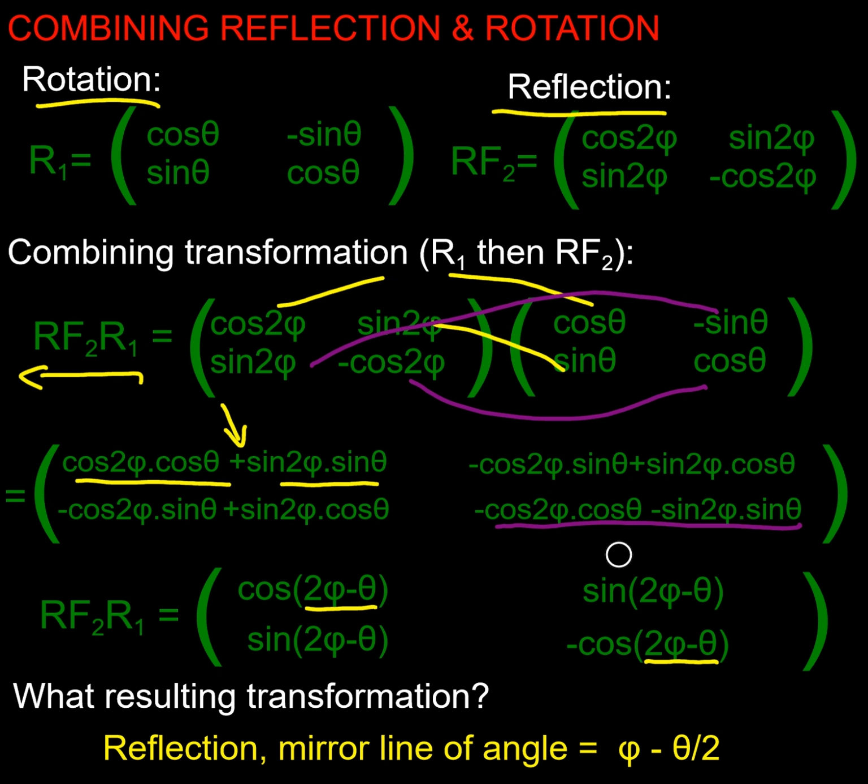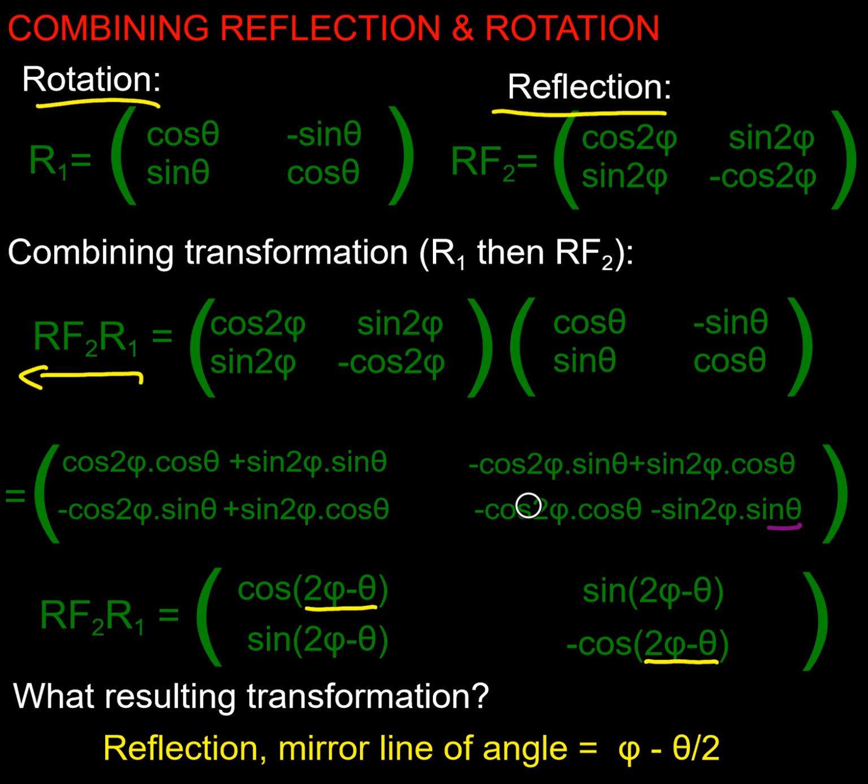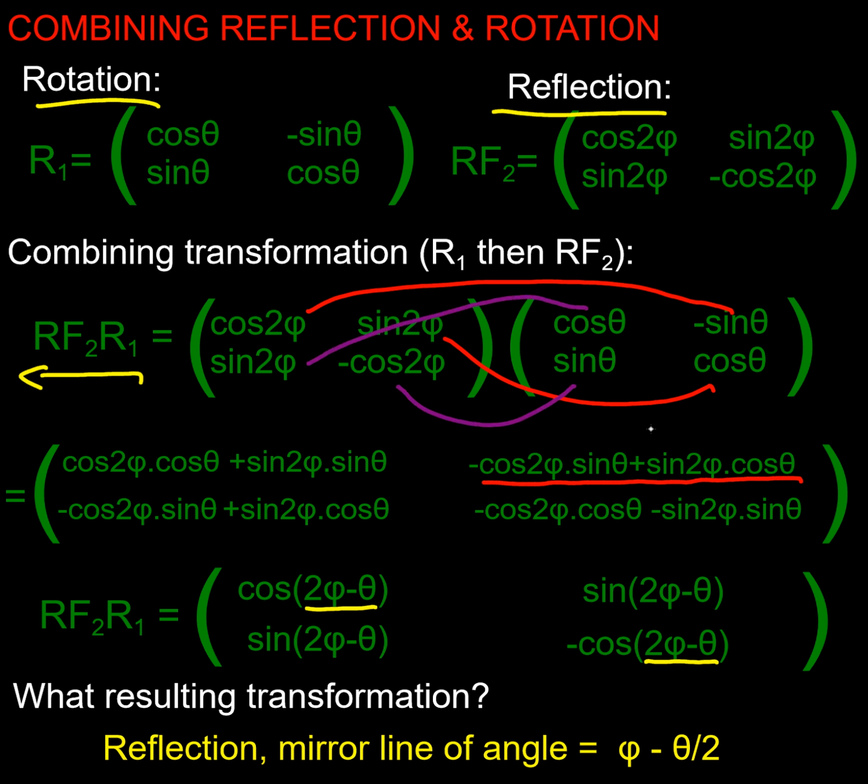Now let's look at top right and bottom left and see what happens to those. Well, top right is cos negative sine, and then sine cos is positive, so I get this expression here. And if I look at the bottom left, I've got that sine cos, and I've got a negative cos sine, which is this one here.